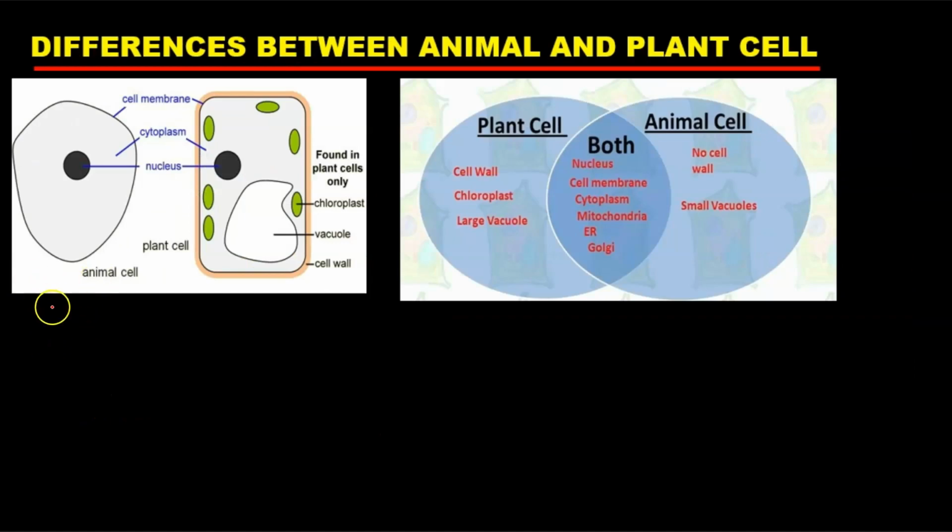So the same diagrams, I'll use them. This is animal cell, and this is plant cell. So the differences, we are looking at what they do not have in common. If you look at this one, these are the parts that they do not have in common.